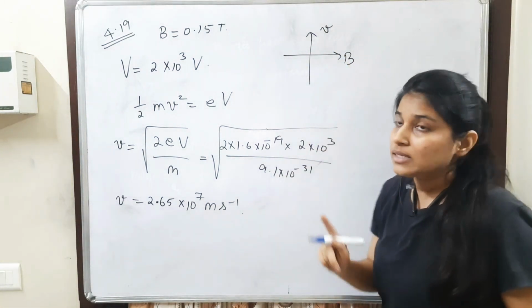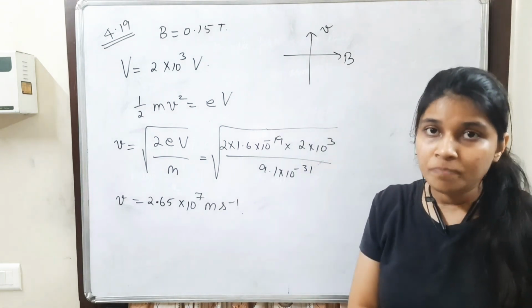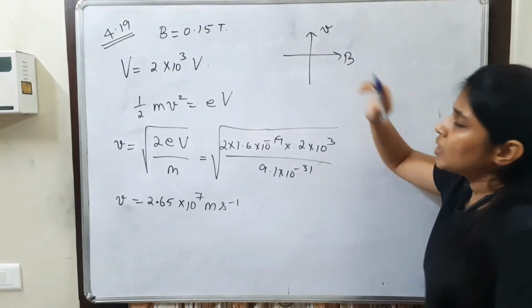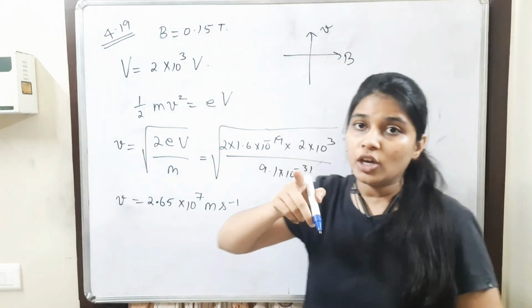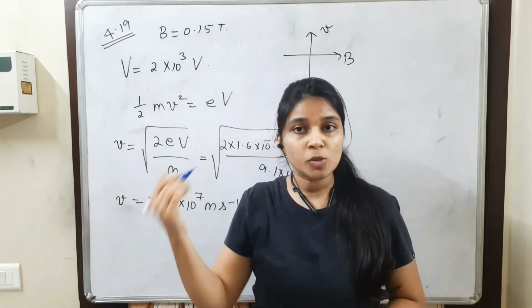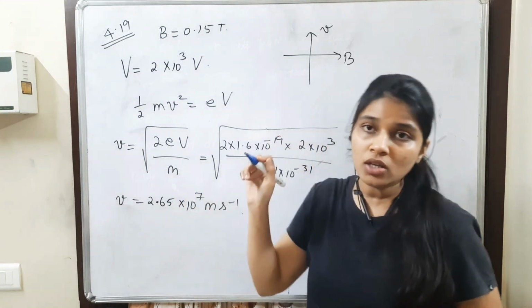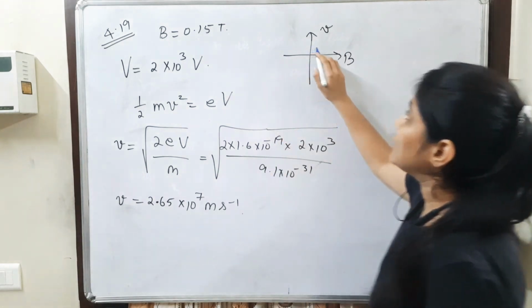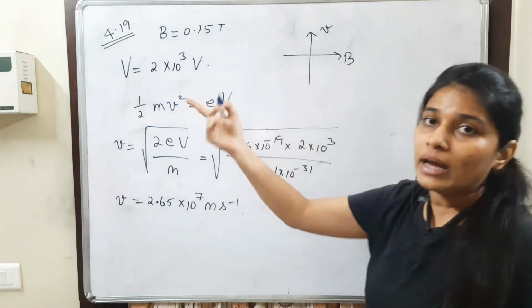Now in that case, the force will be maximum, and there's one more thing here. Whenever a charged particle is perpendicular to the magnetic field, only one force is acting, which is perpendicular to the velocity of the charged particle. Therefore, the particle will execute a circular path.